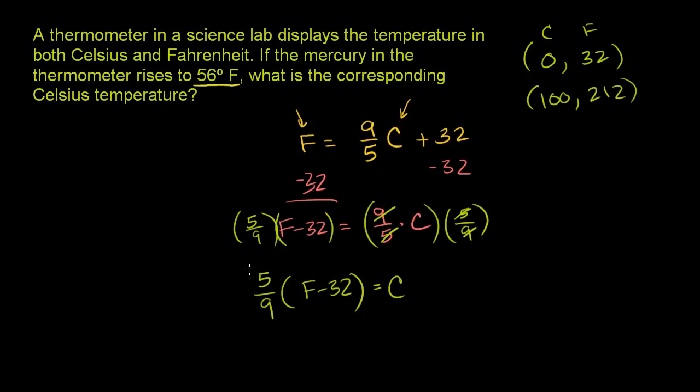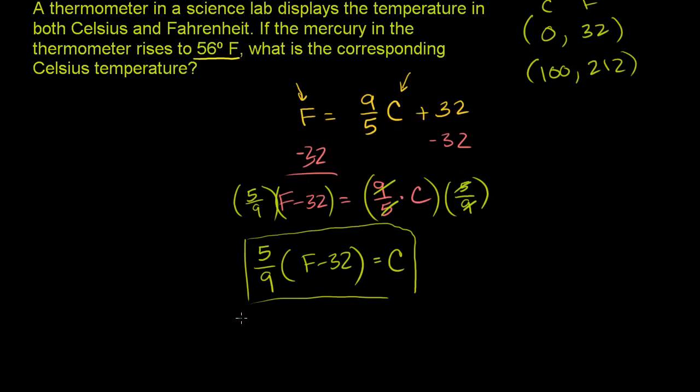Now that we've gotten this far, let's just put in 56 degrees for the Fahrenheit temperature and figure out what the Celsius temperature is. So if we put 56 in there, we're going to have 5/9 times 56 minus 32 is equal to the Celsius temperature.